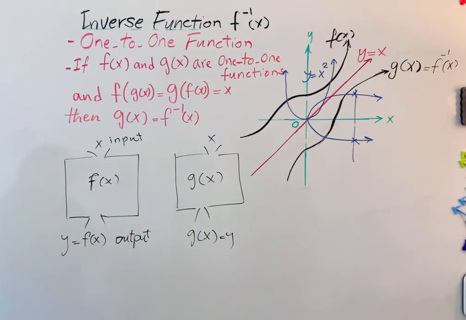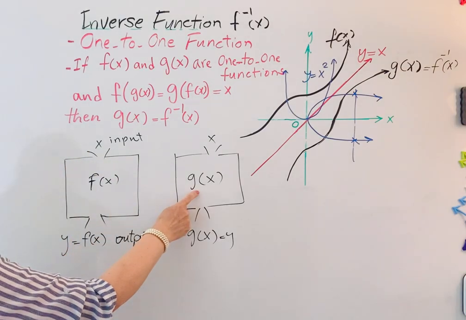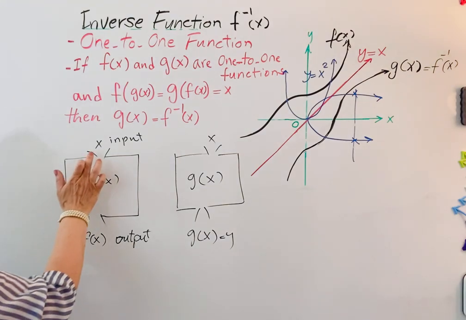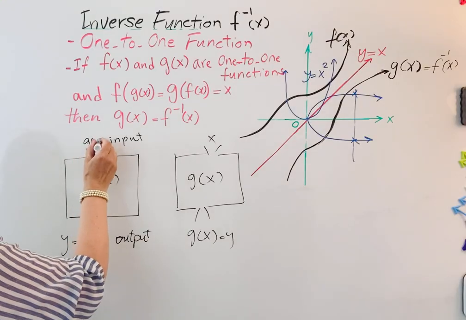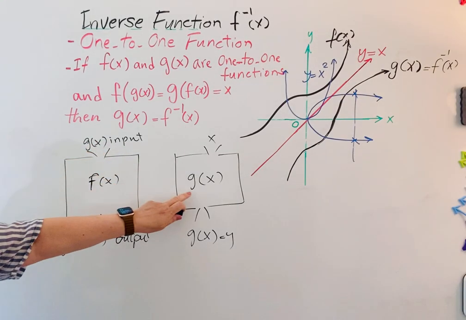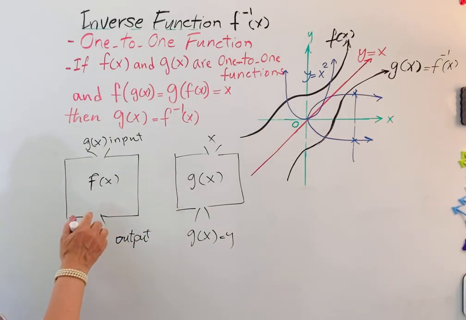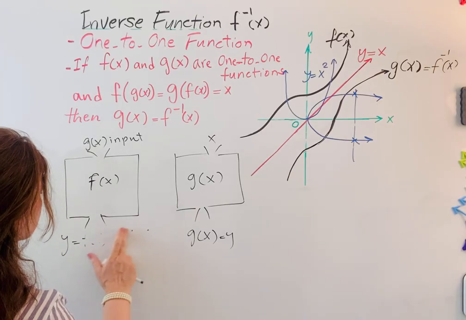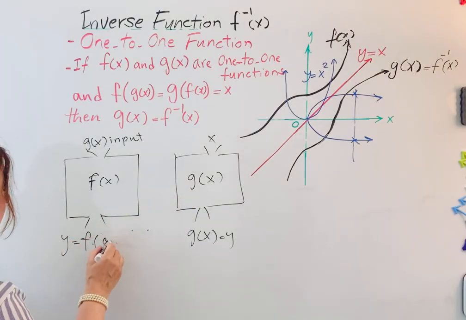Okay, but if as an input with this one, we use g of x, the input is another function, g of x. Okay, the input is another function, goes to this machine, a machine inside another machine. What comes out is not f of x, it is f of what? f of g of x, right?